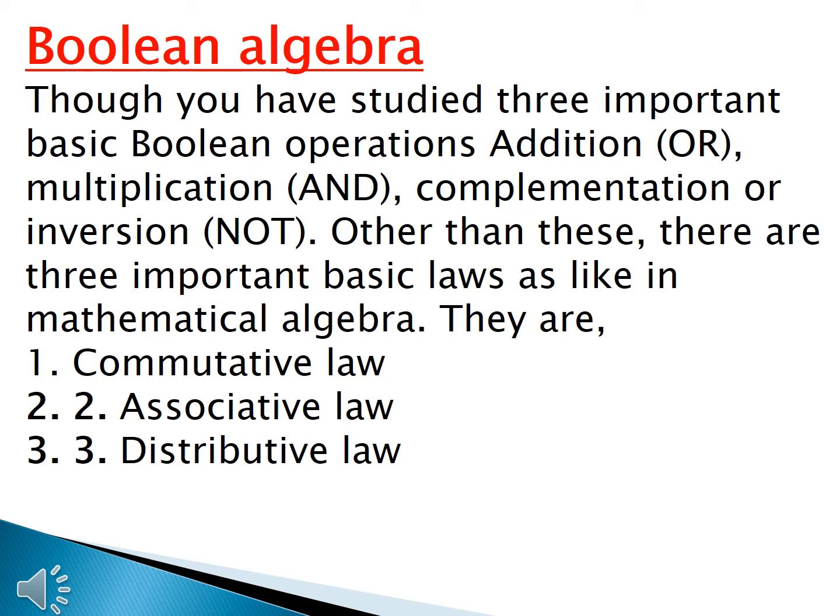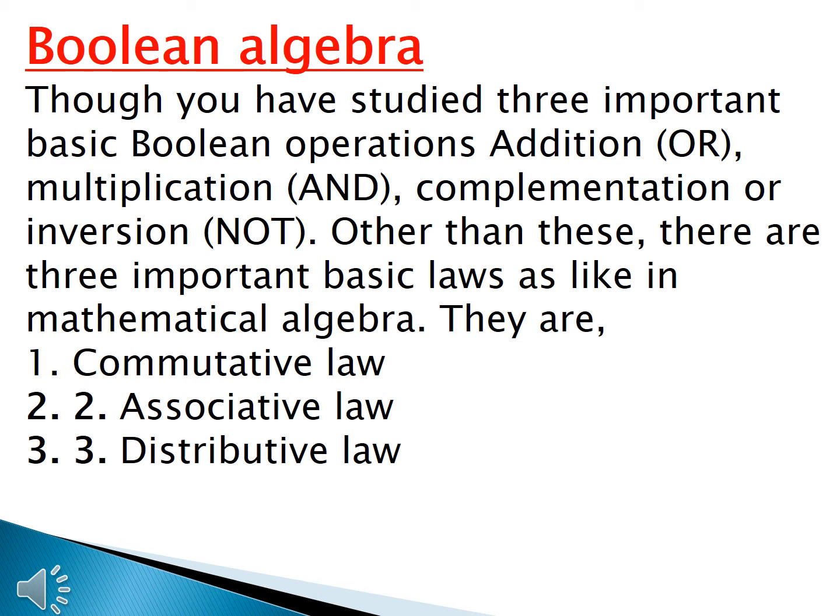The next, associative law, means the law of addition and multiplication that in the ORing or ANDing of several variables, more than two, the grouping of the variables is immaterial and the results obtained are the same.